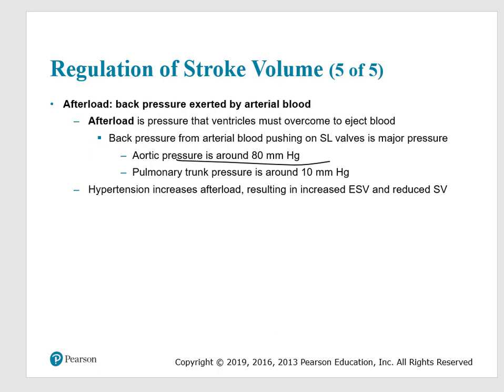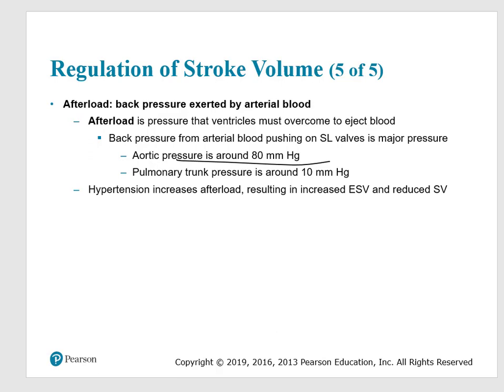If it increases more than 80 mmHg, that means the left ventricle is having a hard time pushing the blood against that already high pressure, leaving more blood behind in the ventricles. So your end systolic volume from 50 jumps higher to say 60 or 70, which means the blood actually leaving the ventricles is far less than your 70 ml, which reduces the stroke volume.